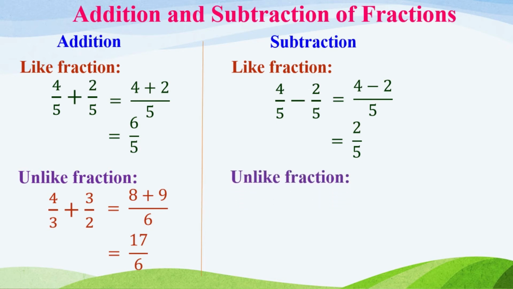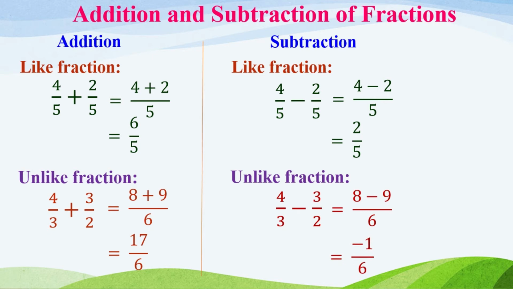Let's see unlike fraction. Unlike fraction means different denominators. Let's see the example: 4 by 3 minus 3 by 2. Now here make the cross multiplication. 4 2s are 8. 3 3s are 9. 3 2s are 6. So we get 8 minus 9 divided by 6.